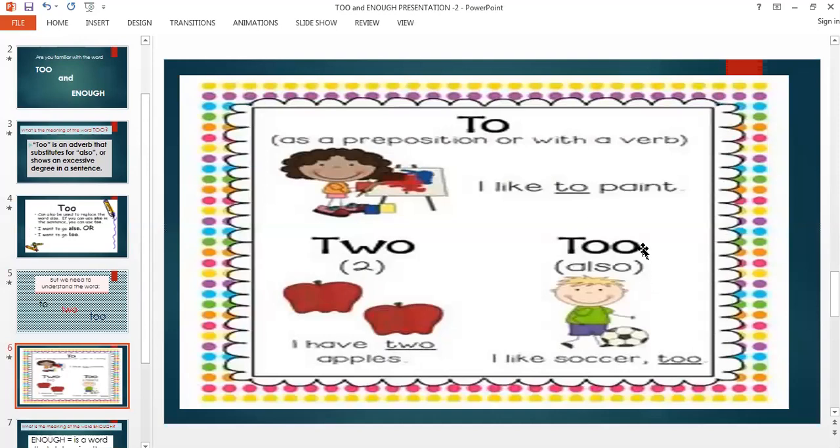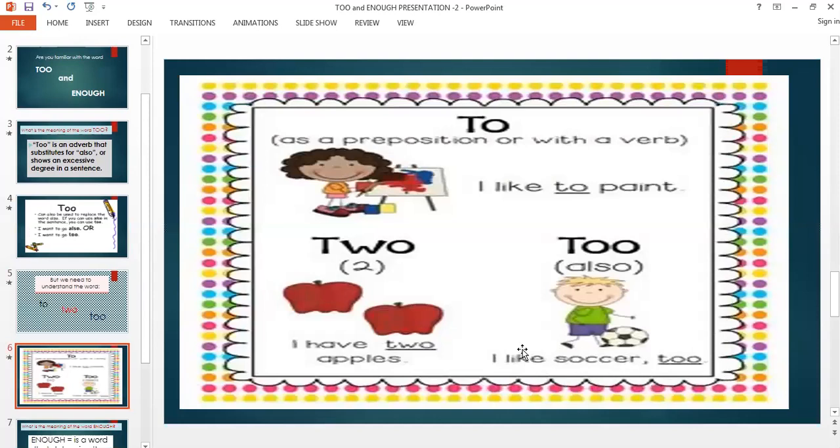And "too", or maybe also, as I told you a while ago, "too" can be the word spelled with double o. "Also" here, they have the same meaning. "Too" is the adverb, as I've told you a while ago, a word that expresses the relationship. Okay, what is the relationship of this word to the verb soccer? In the sentence, you can say it like this: I like soccer too.